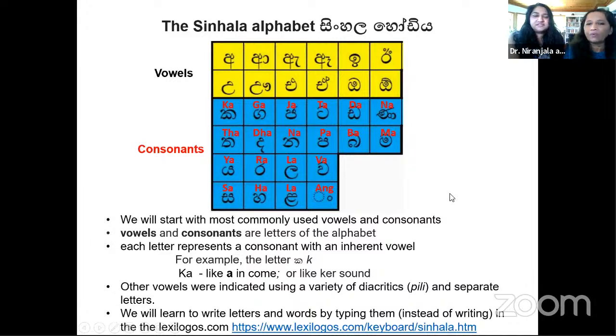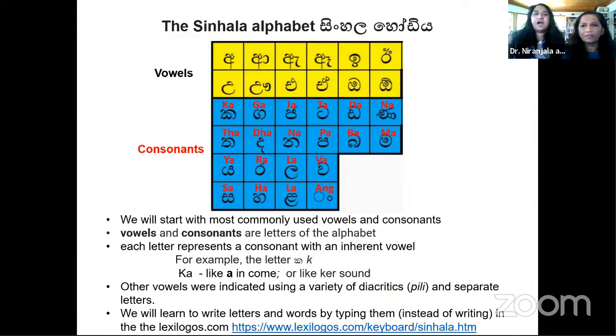So we should talk about how this is sort of organized. The sounds are organized in this sort of grid. In Sinhala, like other languages that are descended from Sanskrit, like Sanskrit, Hindi, Pali, the alphabet is organized in a grid. The reason is that it's based on how your mouth moves when you're saying the letter.